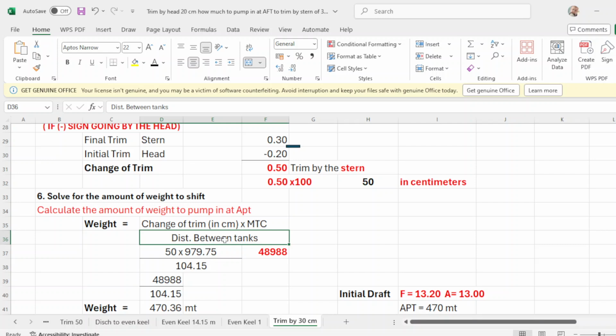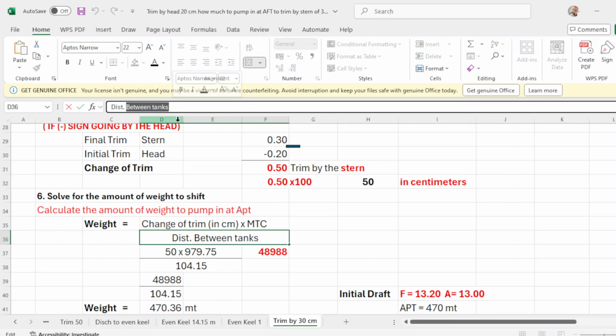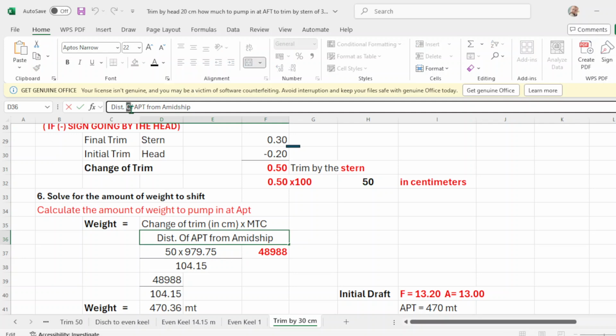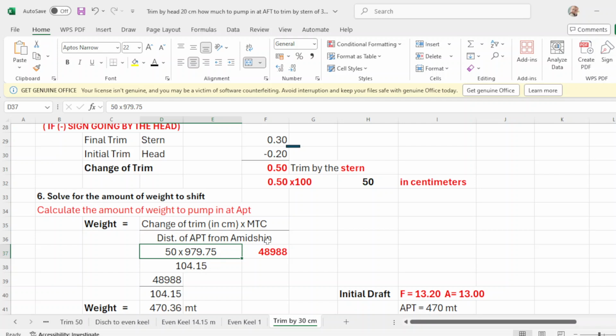But this one is not the distance between tanks, but the distance of the after peak tank from amidship.